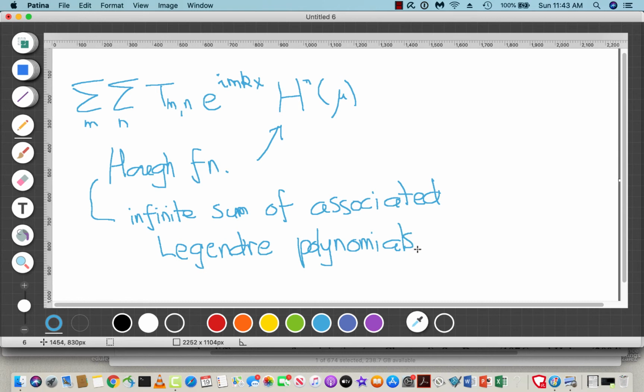In spherical geometry, the appropriate functions that we have to use in our spectral method, the functions in the north-south direction, are called Hough functions, and each one is an infinite sum of these things called associated Legendre polynomials.